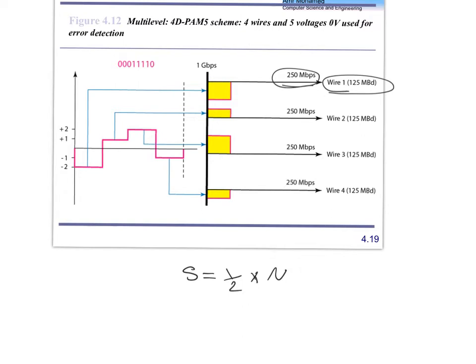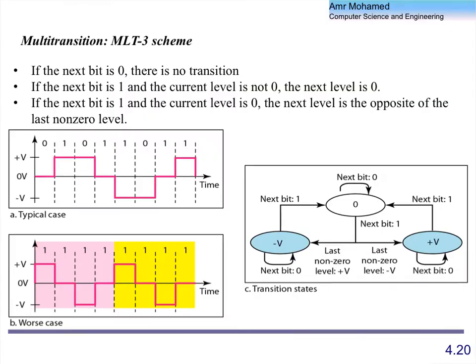So they actually separate between them. I think that's all. The only difference here is that we have to separate the 4 signal elements onto 4 wires. So this is for the multi-level category.